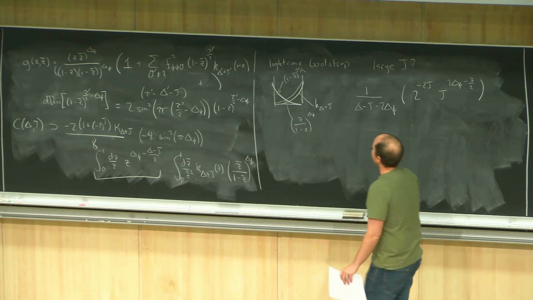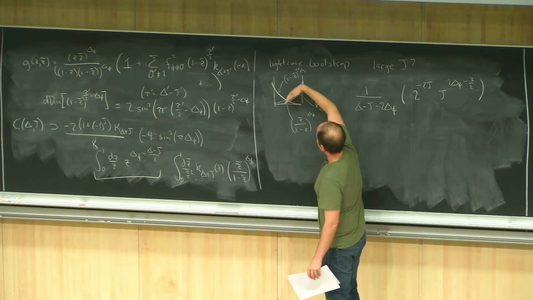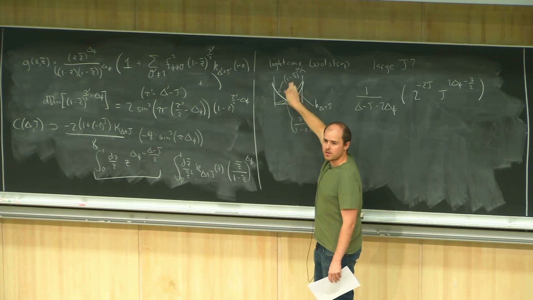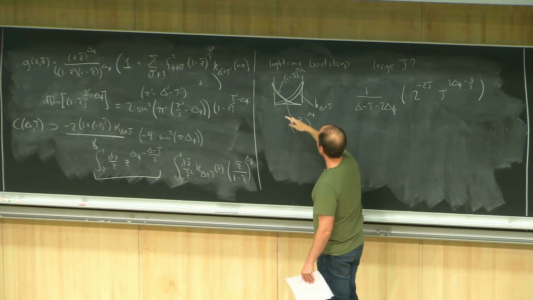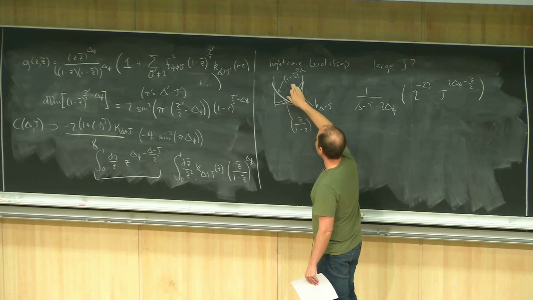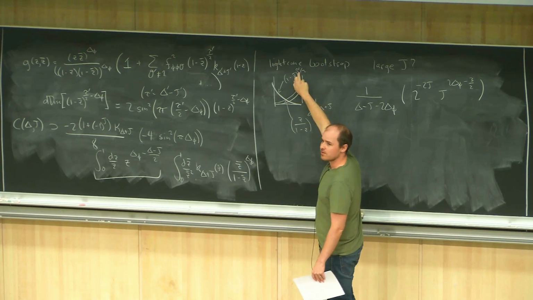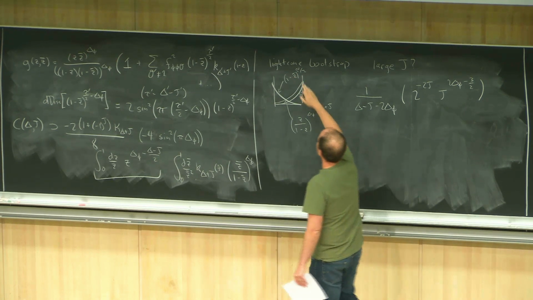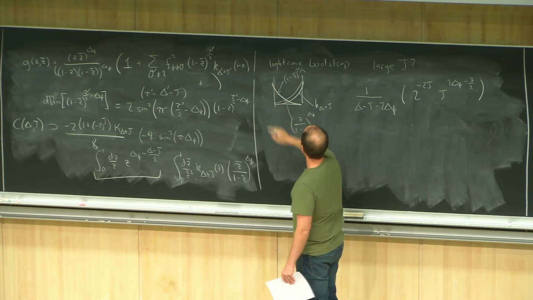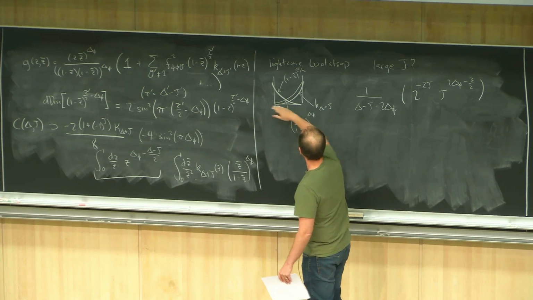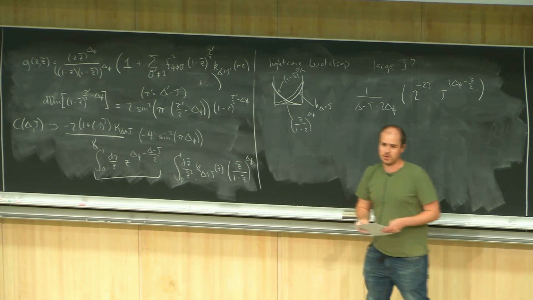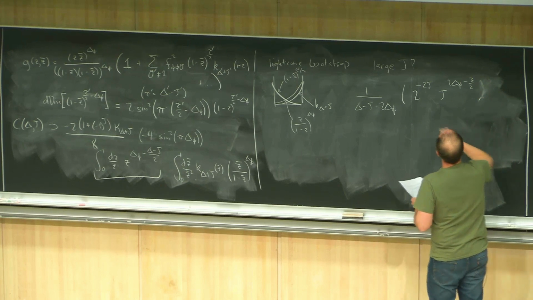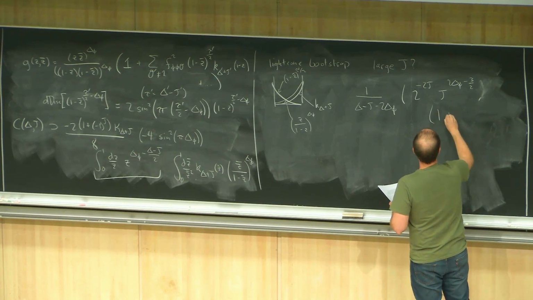And you can see that as j gets big, this thing is going down, and so its overlap with this thing is getting smaller. And the rate at which the overlap decays at large j is faster and faster if tau prime is big. So if tau prime is really, really big, then this term is peaked over here. And if j is really, really big, then this guy is peaked over here, and they have basically no overlap with each other.